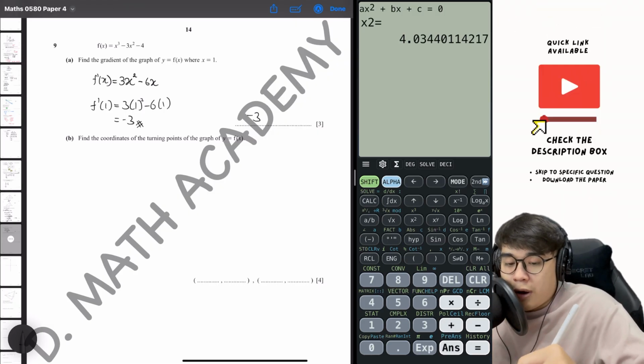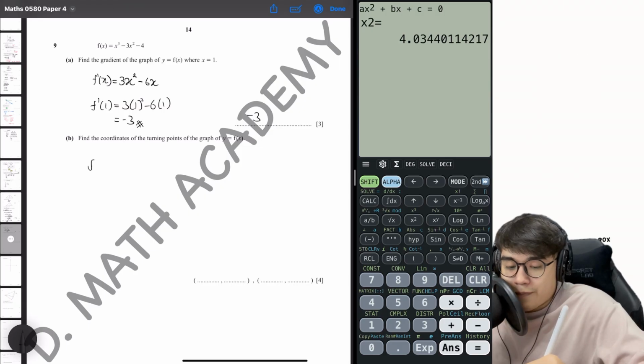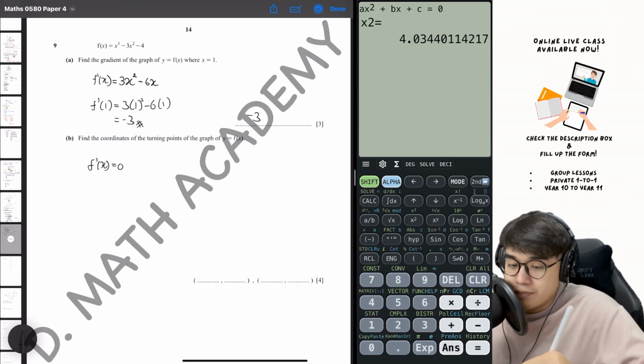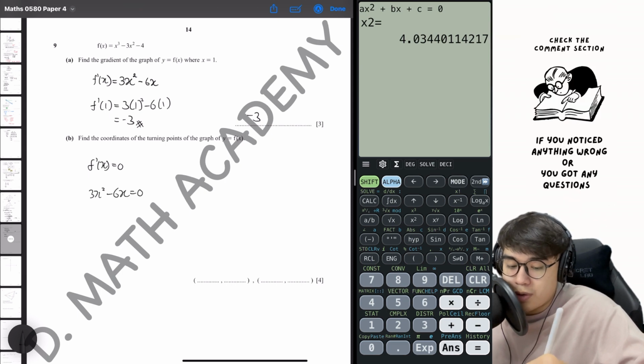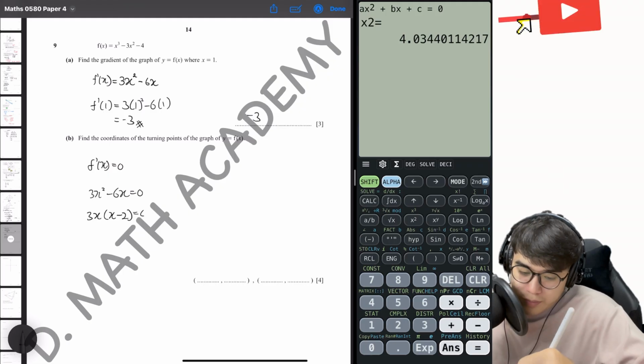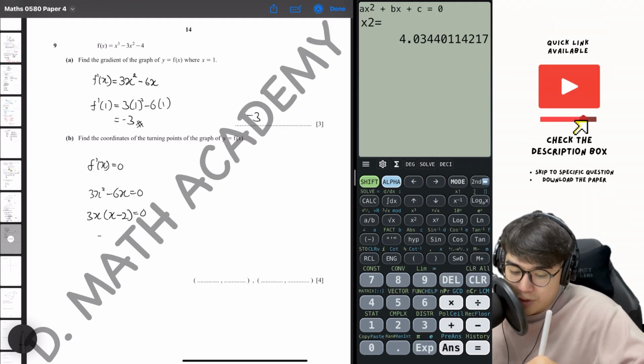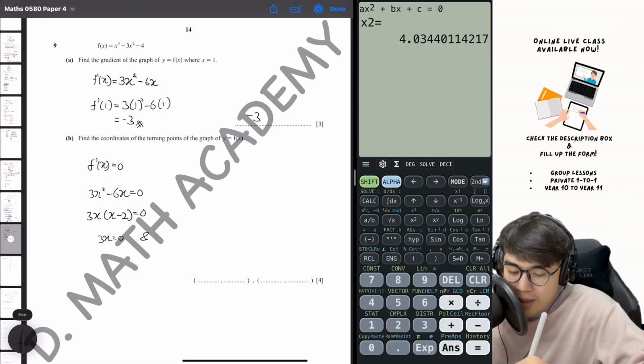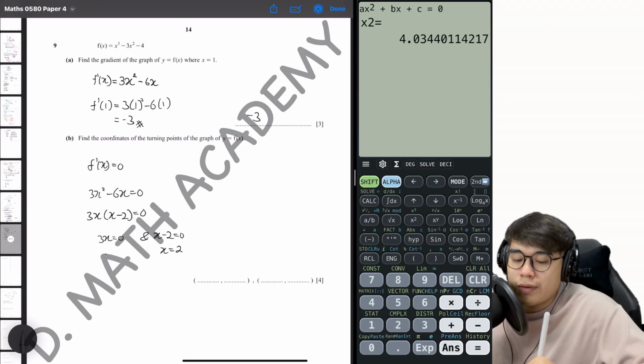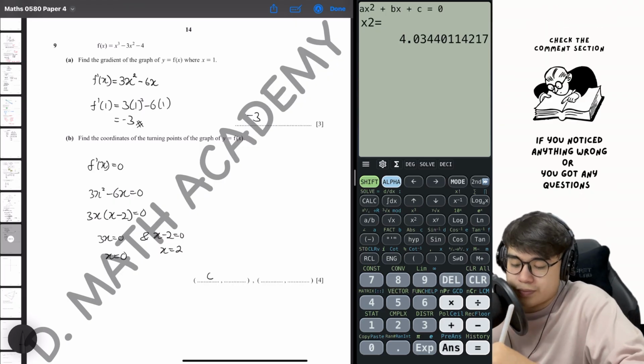To find the turning point, you have to take your f prime x equals to 0. So we have 3x squared minus 6x equals to 0. When you try to factorize, you will get 3x times x minus 2. So based on this, I know that 3x equals to 0 and x minus 2 equals to 0. X can be 2 as well as x equals to 0.